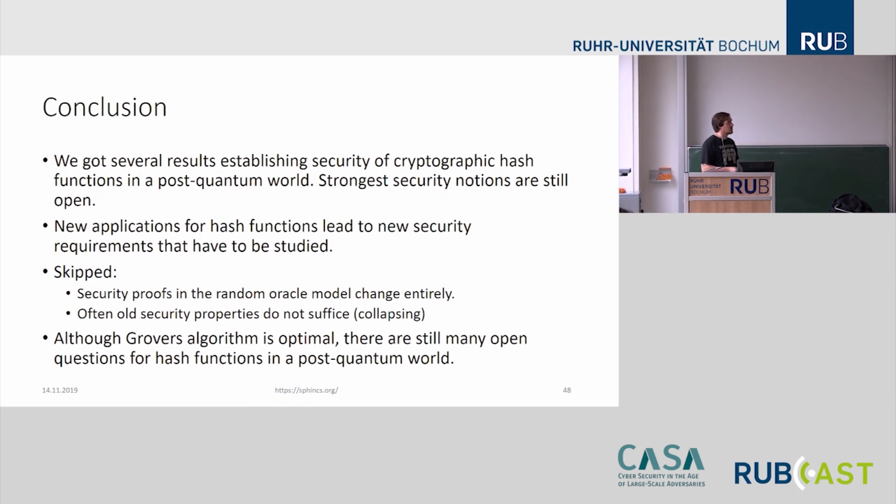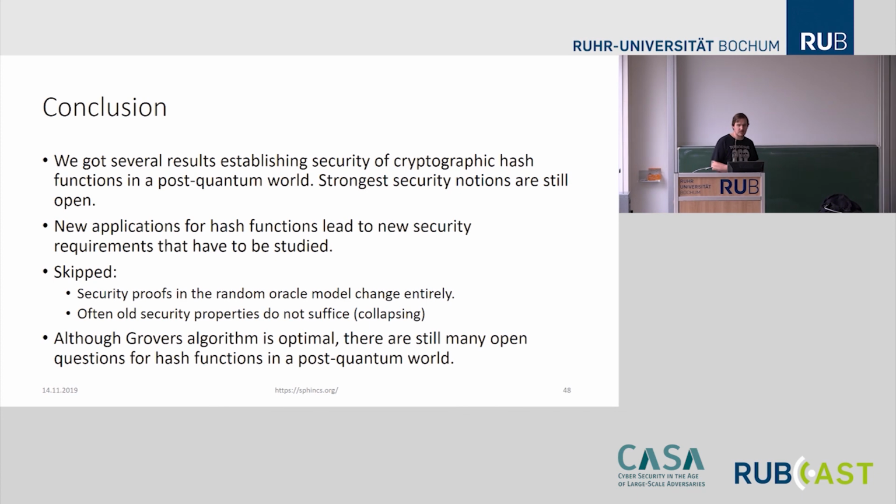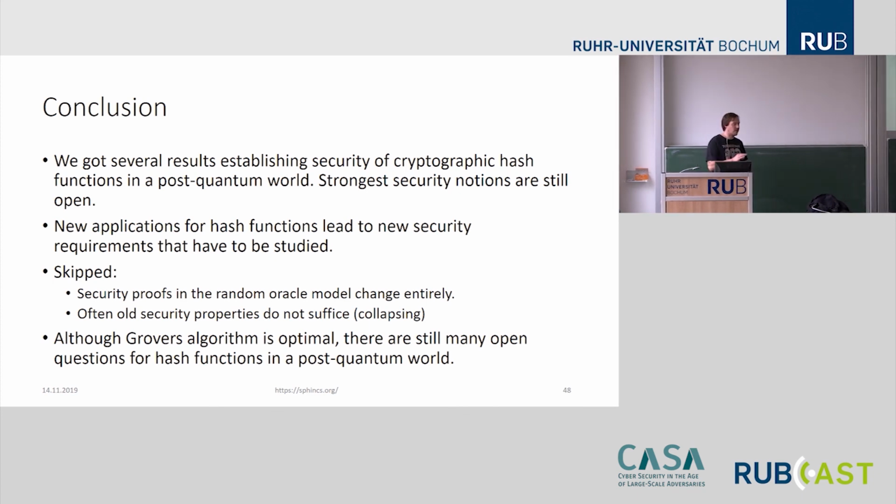Okay, so to conclude, there are already several results which establish that hash functions are also secure in the post-quantum world. But for the strongest security notions of indifferentiability, we are still not there. And I think there are also some steps that we still have to take for the compression function design, if you do not just look at SHA-3.